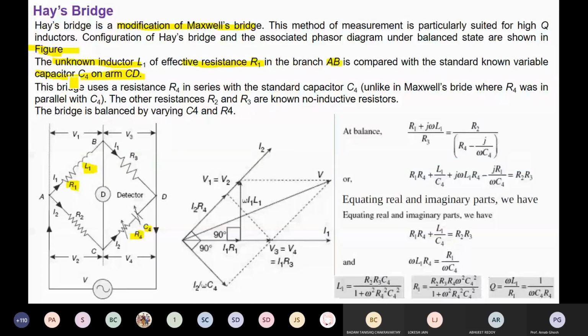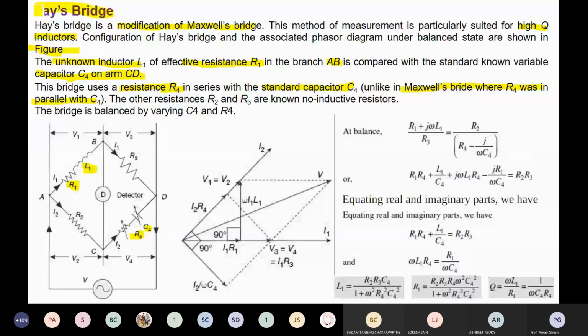If you vary the value of C4 and R4, the bridge will be balanced. The AB path is your Z1 path, and the C4 R4 path is your Z4 path. You know the expression Z1 by Z4 equal to Z2 by Z3.